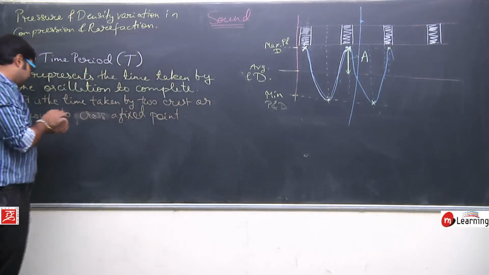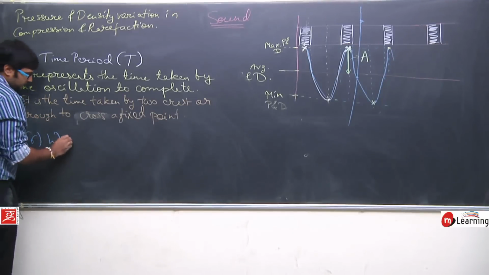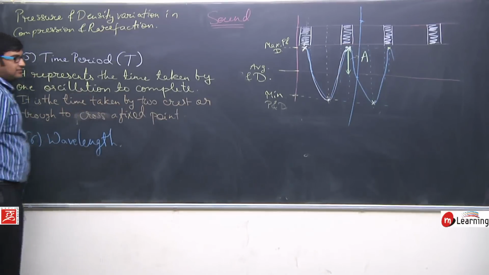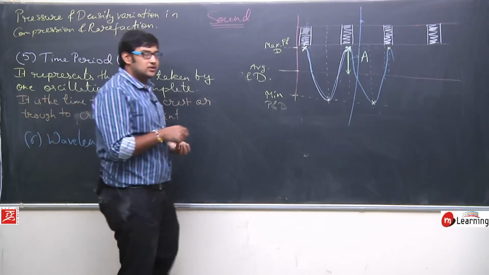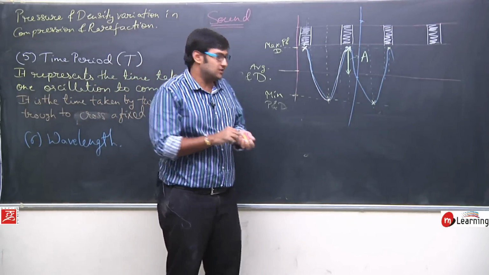And similarly we have the last terminology related to this, which is wavelength. So what is the wavelength? We understood this term. The distance between two crests or two troughs is known as the wavelength.